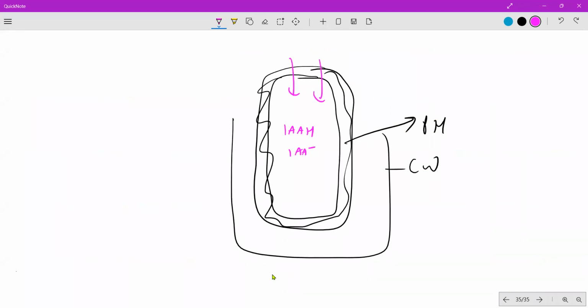Now, what is the pH of the cytosol? We know the pH of the cytosol is alkaline. So, because pH is alkaline, because we have less number of H ions inside the cell, in that case, even the protonated form will give proton. The protonated form will also be converted to IAA negative. मतलब cytoplasm में most of the auxin is present as IAA negative.